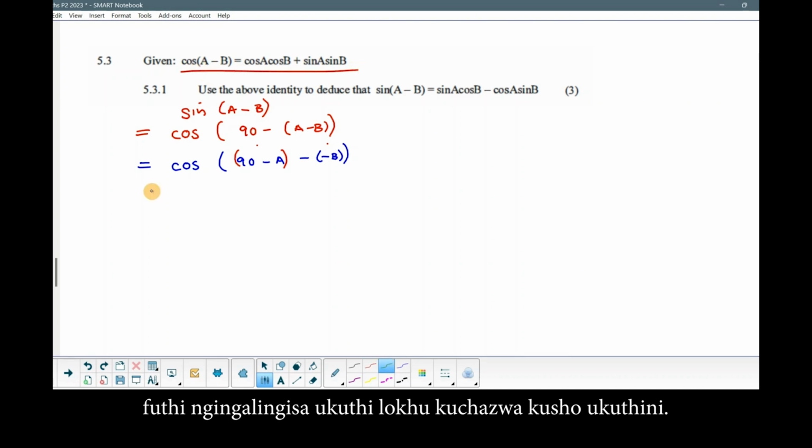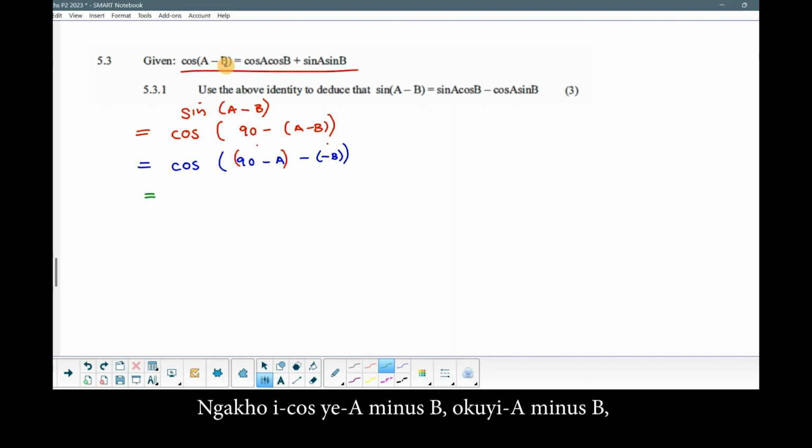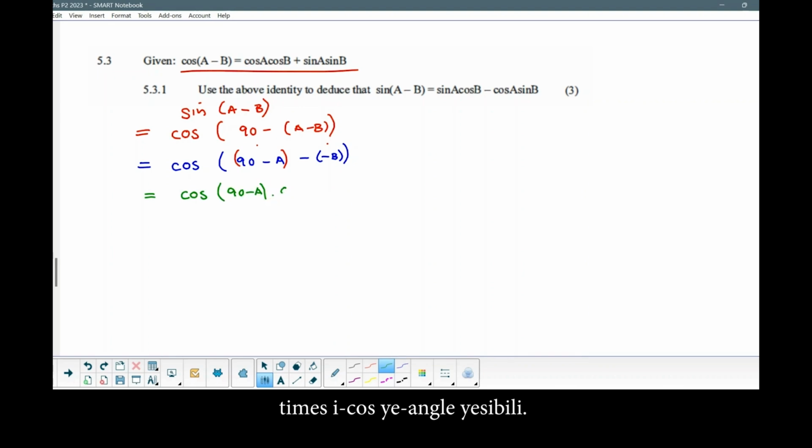to do. So cos of A minus B is cos of the first angle times cos of the second angle.